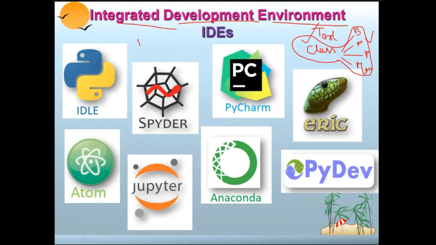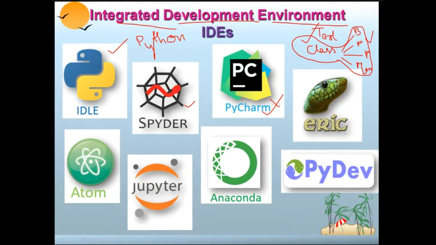In the same way, Python also has different IDEs. I've collected some of those IDEs. The first one is IDLE, the most popular one. Then coming to Spyder, next is PyCharm. This is also very popular and is used by people most often nowadays.